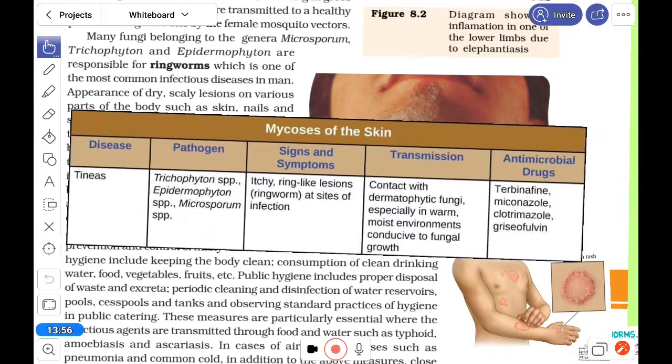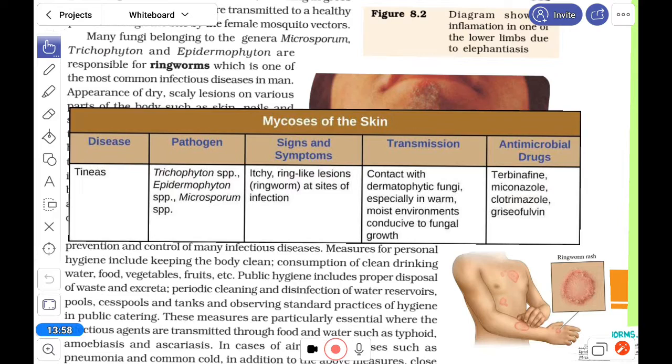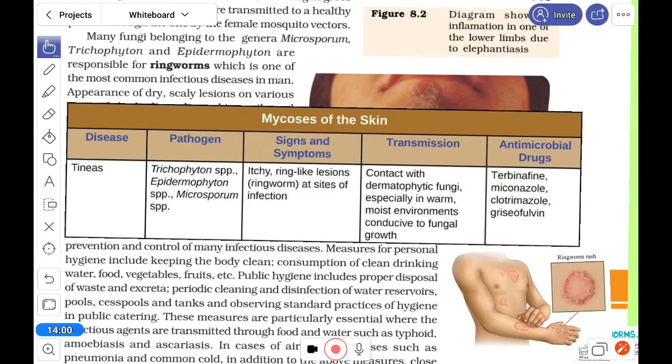Here if we see the pathogen, just now I told the symptoms, this ring-like lesion at the site of the infection, from contact with dermatophytic fungi, especially in a warm moist environment.